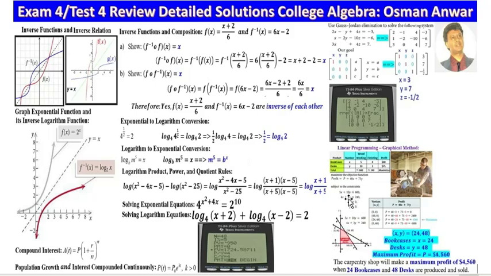We'll graph these two constraints, which are these two lines, and he has to produce 0 or more bookcases, which is x is 0 or more, that is to the right of the y-axis, and 0 or more desks, that is y is equal or greater than 0, that is above the x-axis.